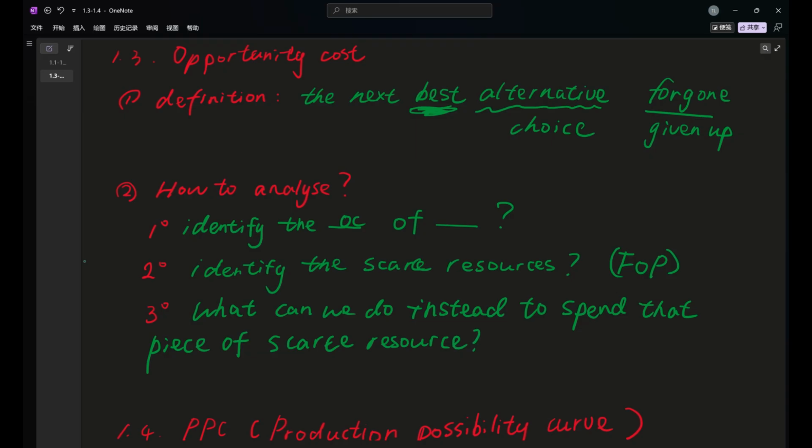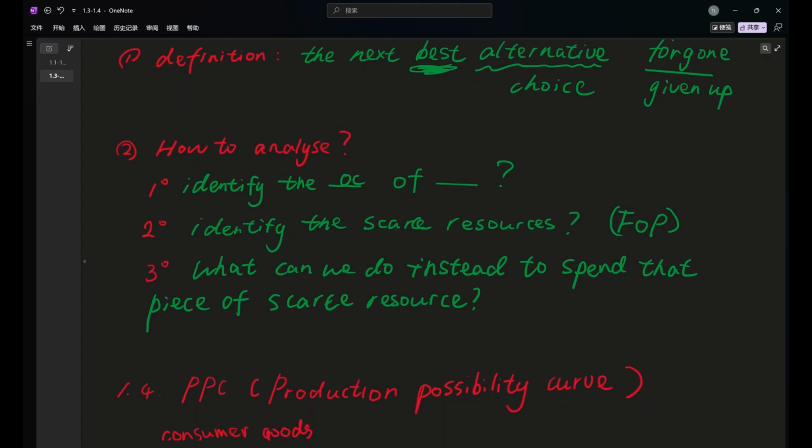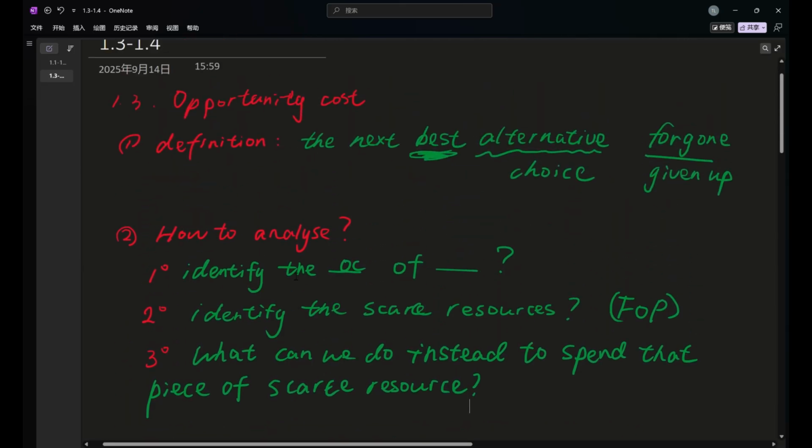So when we are thinking about the opportunity cost, we are actually thinking about what we can do instead to spend that piece of money. We can actually buy fried chicken, right? We can actually use that scarce resource, which is money, to buy fried chicken. And if that is the best choice, the best alternative we can do, that will be the opportunity cost. Okay? I have made my points clear.